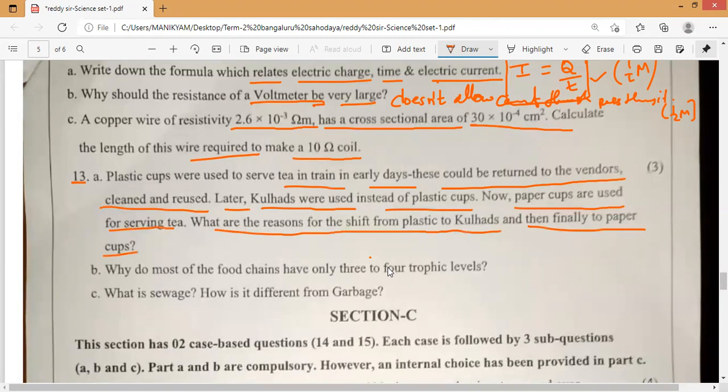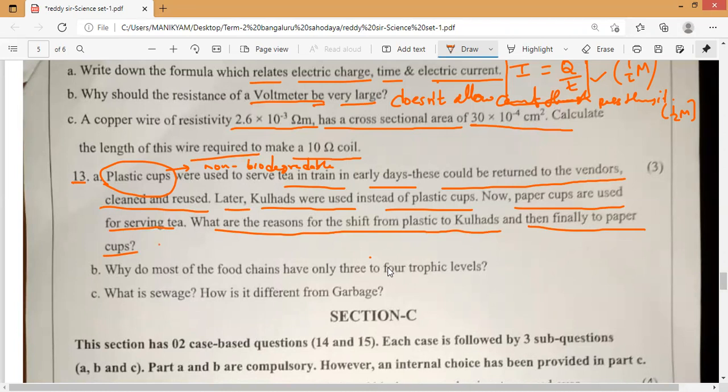Anybody? What is the reason, guys? First, plastic cups are non-biodegradable. And as well, they have to be returned to the vendors. What is the problem?